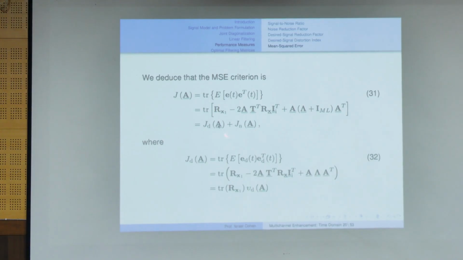If mu is smaller than 1, it will suppress less noise and will get less distortion.